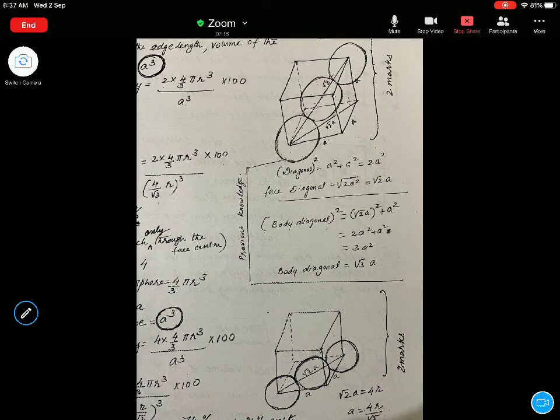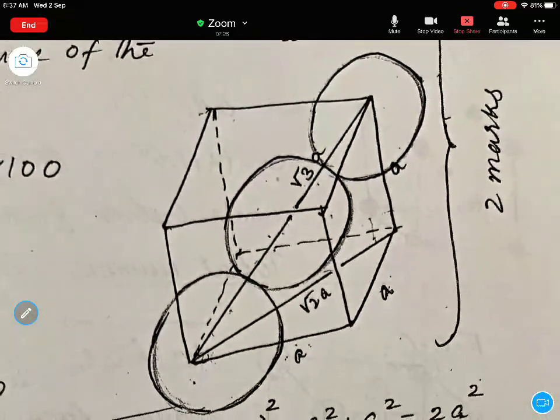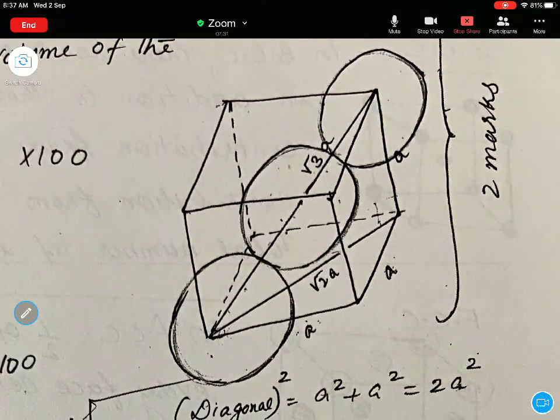Now you see this picture, you can see the diagram. In this, there is an atom right at the center.